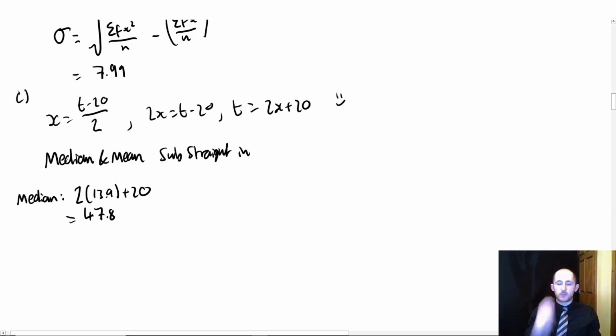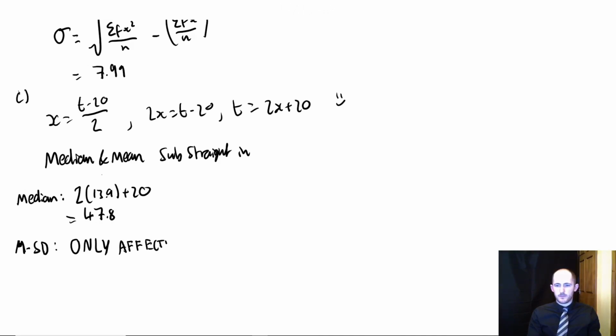Now, this works for the mean as well. Here's the key thing about the standard deviation: it's only affected by times or divide. I'm going to give you an example.